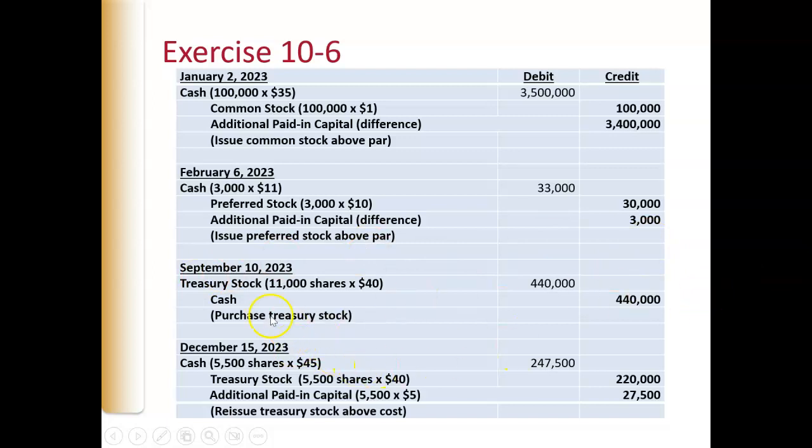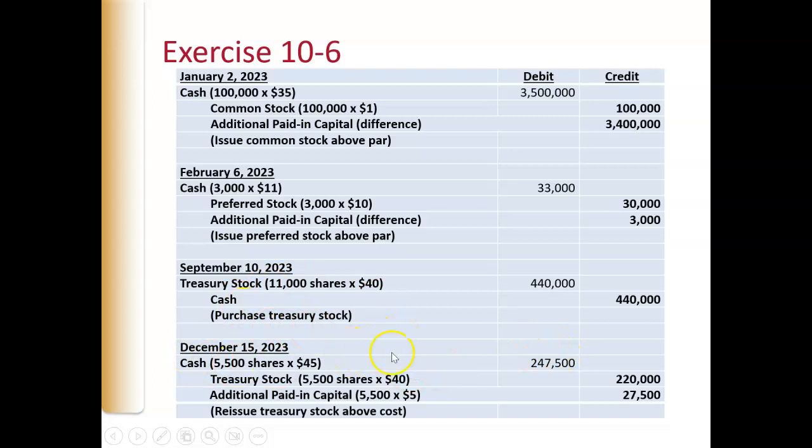But when we reissued 5,500 of those shares, we want to make sure we zero out the treasury stock for those 5,500 shares. So even though we reissued them for $45, we need to make sure we credit out the treasury stock at the $40 a share.